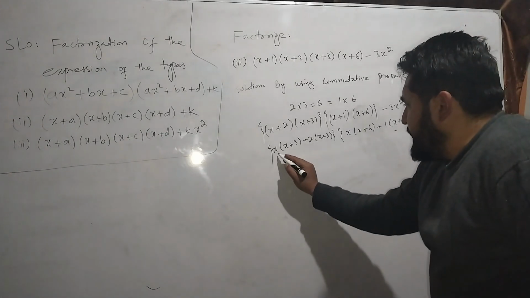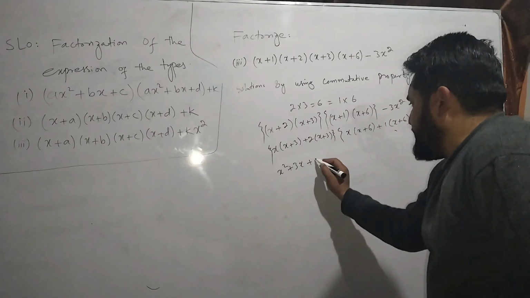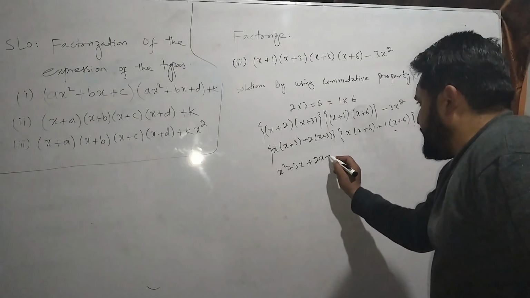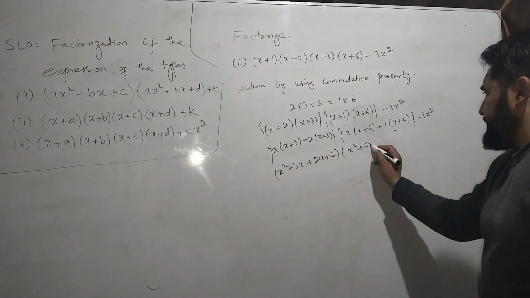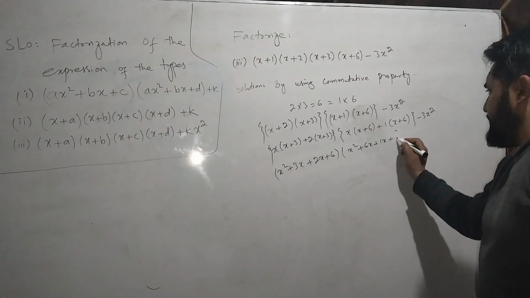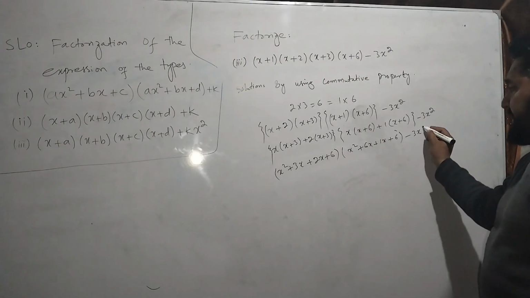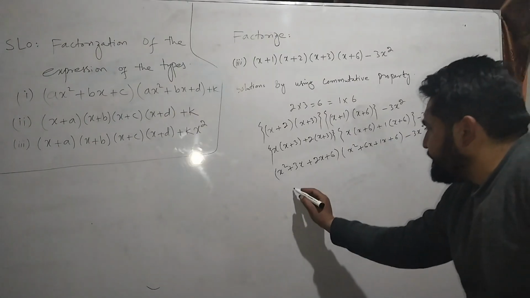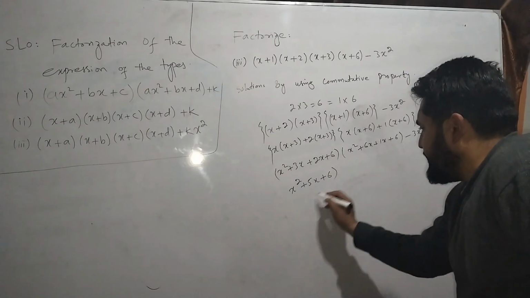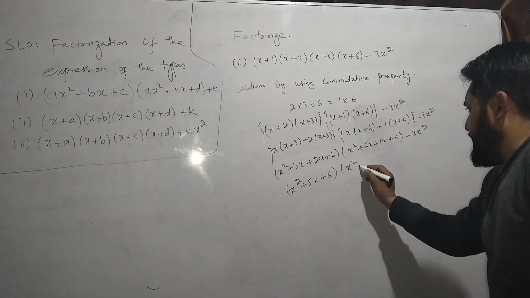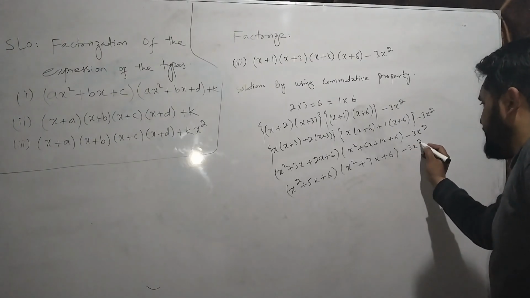Now we multiply x multiply x, x square plus 3x plus 2x plus 6, x square plus 6x plus x plus 6, minus 3x square. Now just solve. x square plus 5x plus 6, x square plus 7x plus 6, minus 3x square.